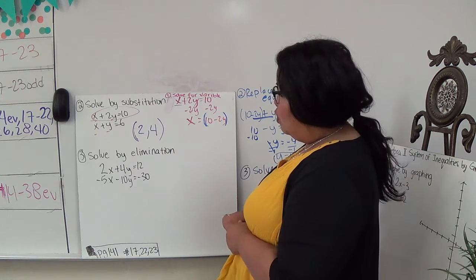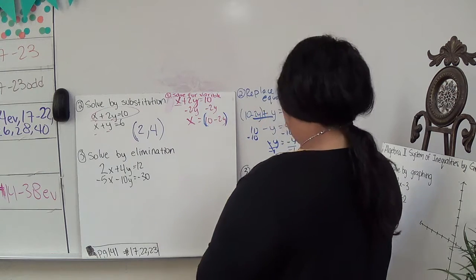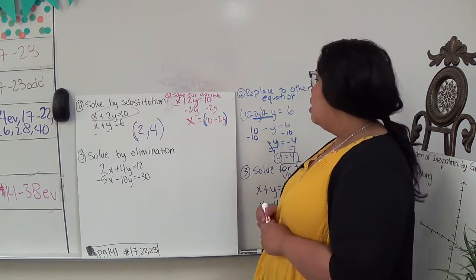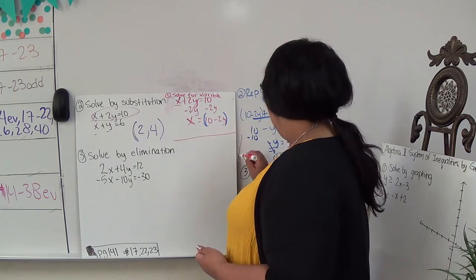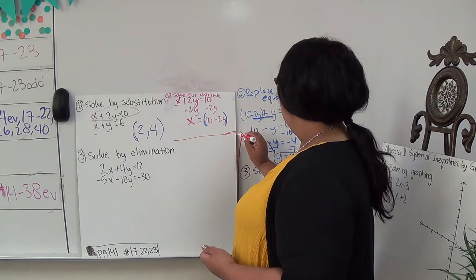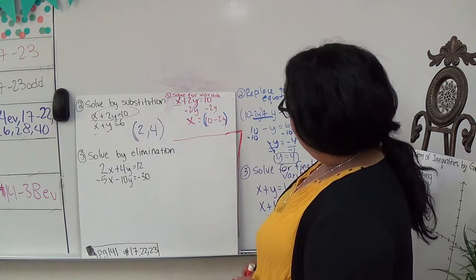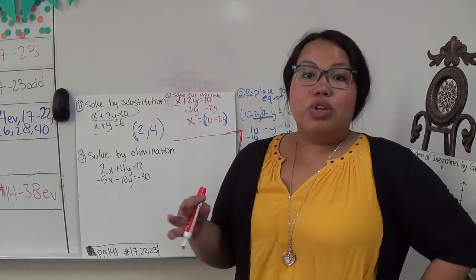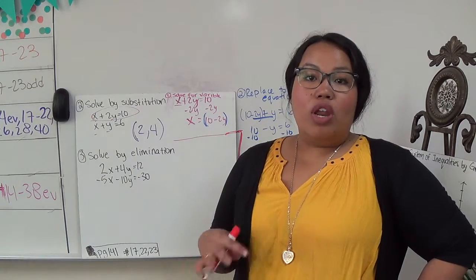So our next one is called elimination. And I'm doing something similar. My goal is a similar thing: I'm trying to get it so I only have one variable.